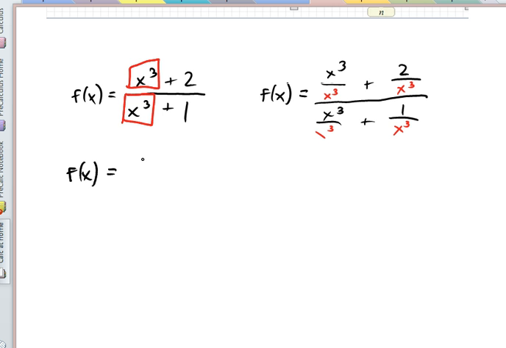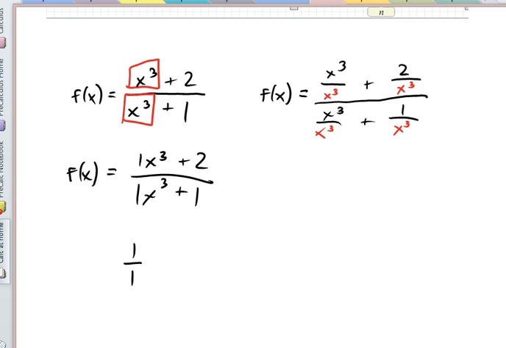So the coefficients are 1 and 1. The coefficients will give you the horizontal asymptote. We end up with just 1 over 1. This is going to be true in any sort of problem.